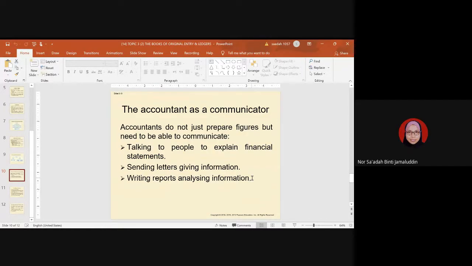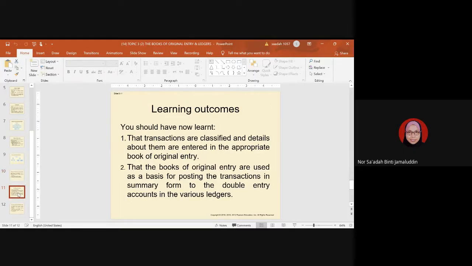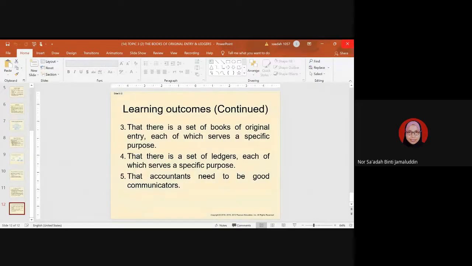And then from the transactions in the journal and ledger, the accountant prepares the figures, and from the figures, the accountant also needs to be able to communicate with third parties in order to explain the situation of our company, in terms of sending letters, giving information, writing reports, or analyzing information for third parties. Right, this is the ledger part.